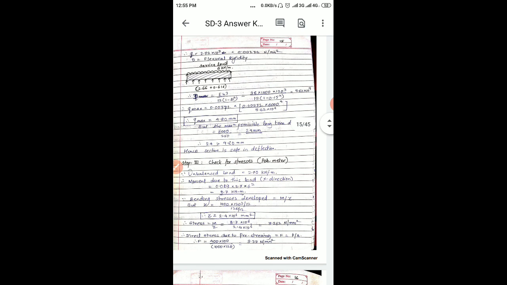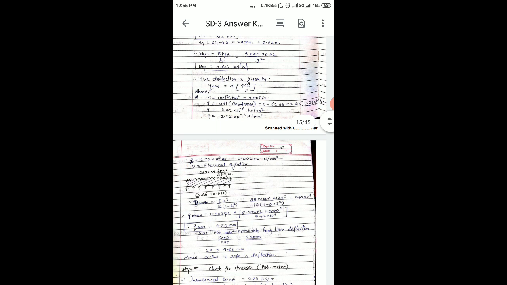Okay. Then for deflection, we have used that alpha coefficient deflection value q max. Okay, this value.